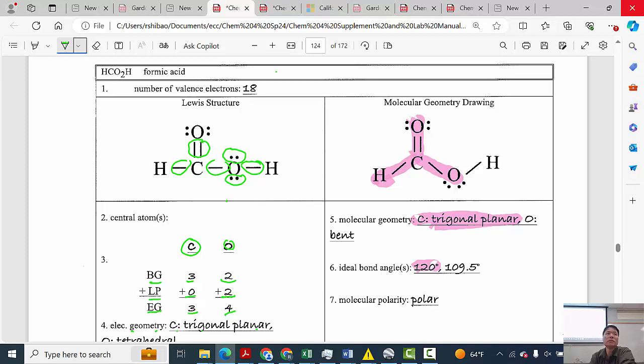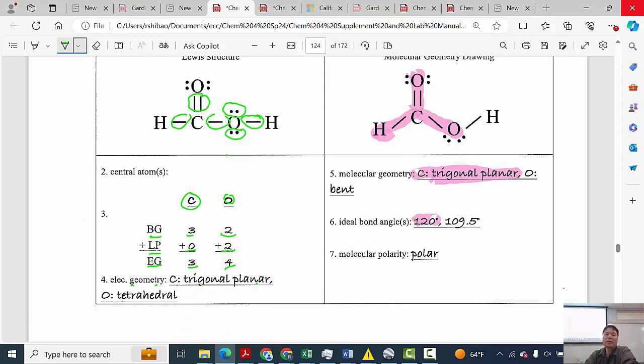It is the electron group geometry for 4 groups of electrons. Tetrahedral. Good. Tetrahedral. And that's what we have here.